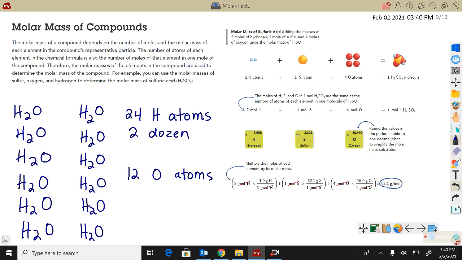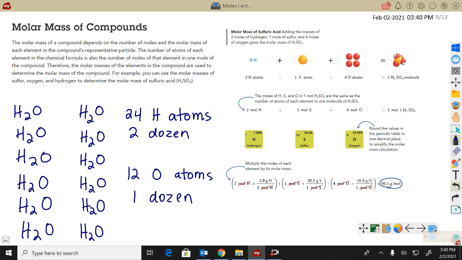But I could also write that as 1 dozen. And so if I start with a dozen water molecules, I can also break it down and compare an amount of hydrogen atoms and an amount of oxygen atoms. That's what a compound is, right?